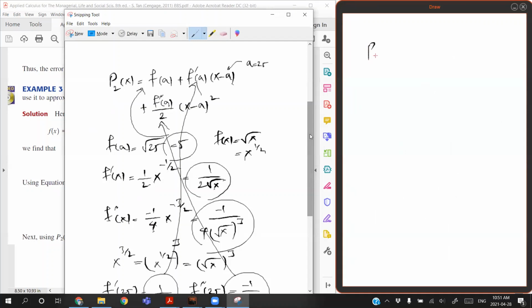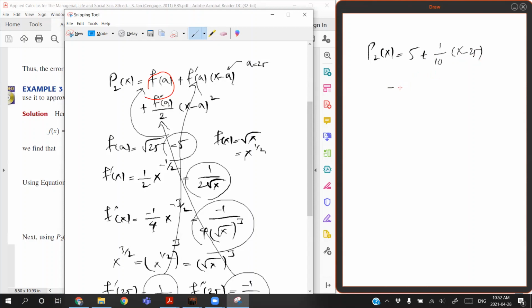Okay, so P2 of x is going to be f of a replaced with 5, plus f prime of a, that's 1 over 10 times x minus 25, because a is 25.